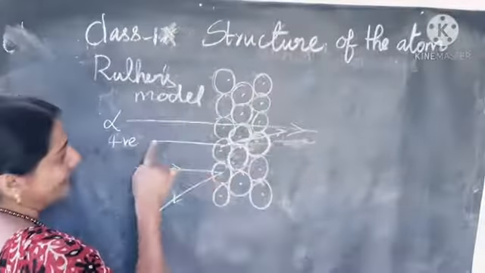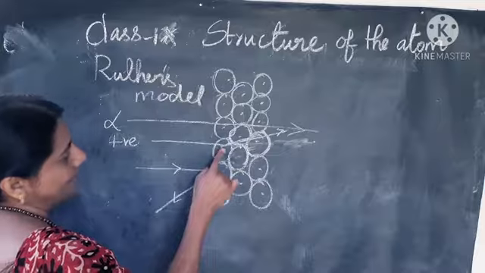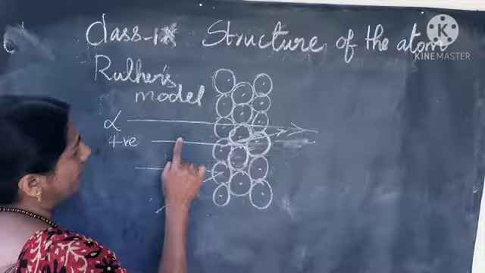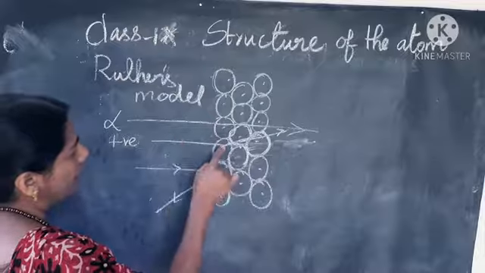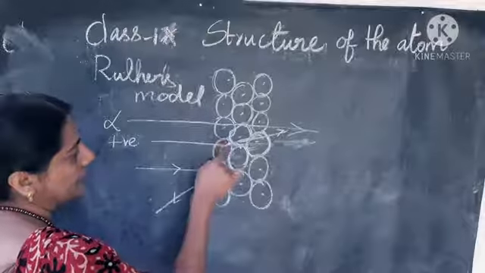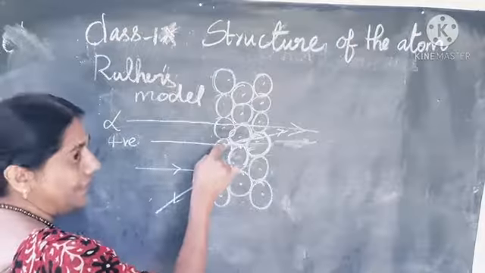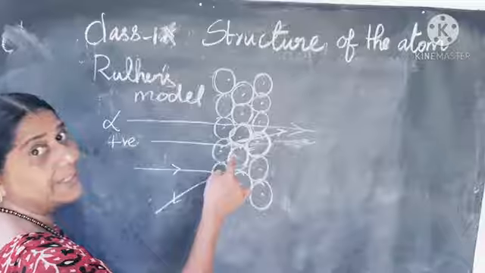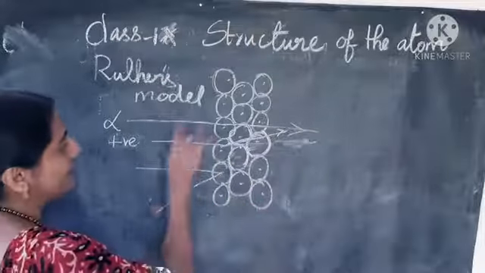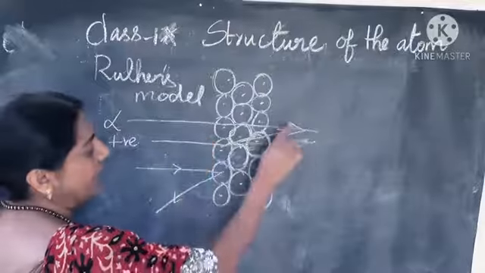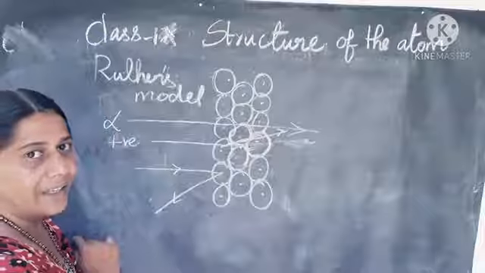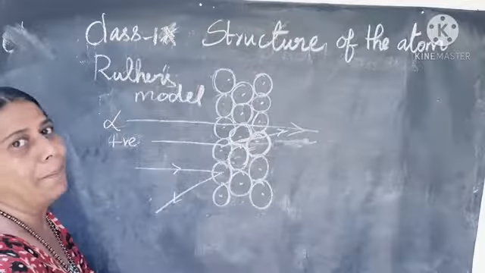And here there is a small deflection in alpha ray. It shows that there is a space inside the atom. And why is it deflected towards the end of the circle? It shows that electrons are present in the outermost part of the atom, and in this case it moves as such without any deviation because there is a space inside the atom.